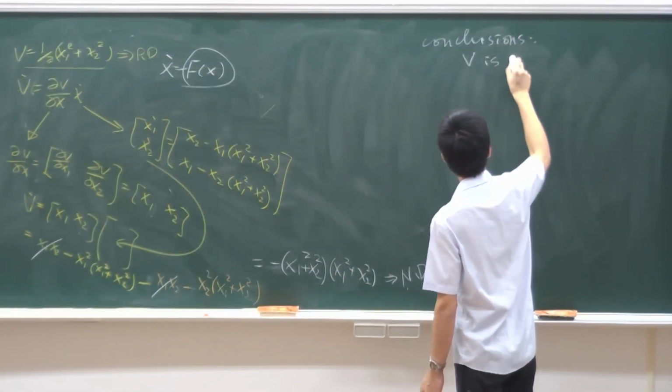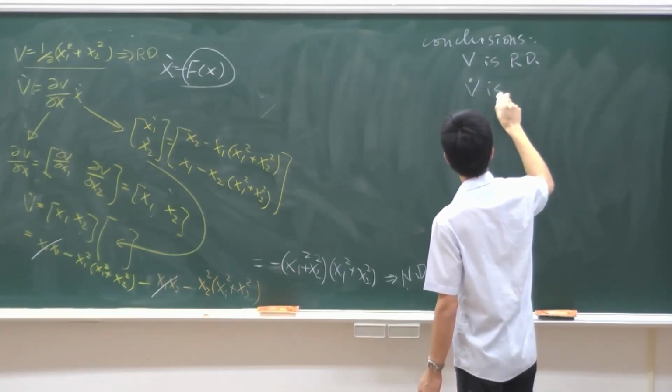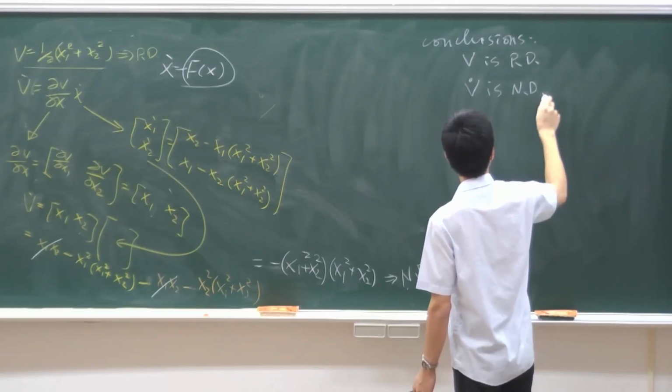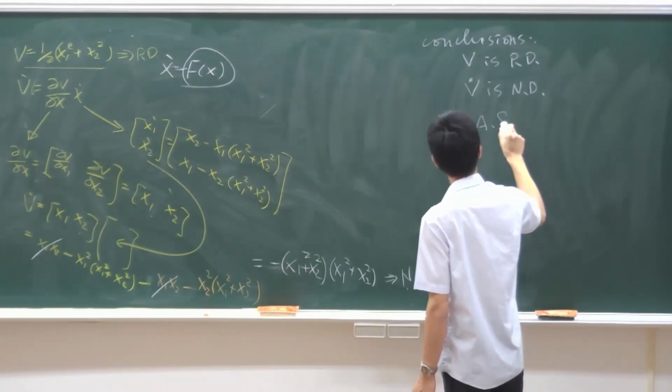V is PD. V dot is ND. That is AS, asymptotically stable.